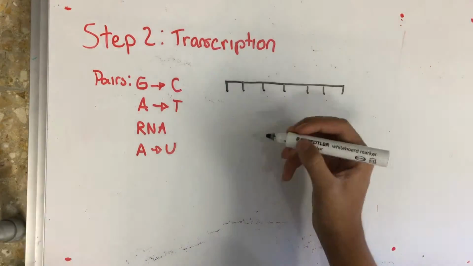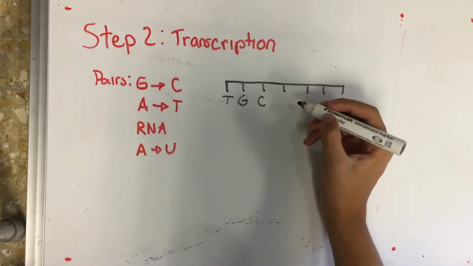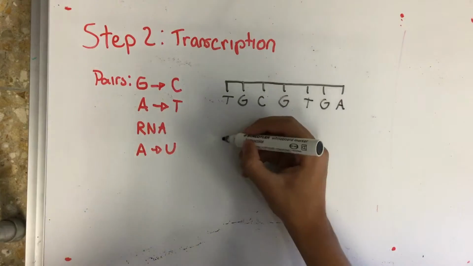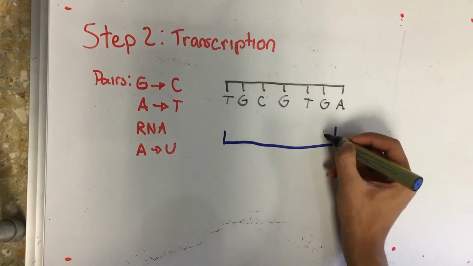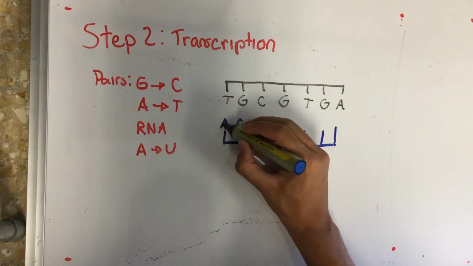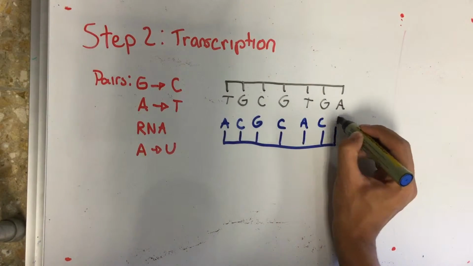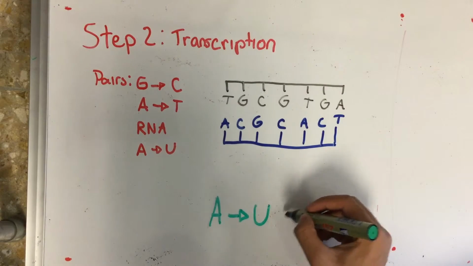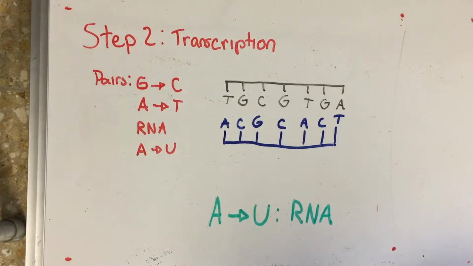An adenine in the DNA would connect to an uracil in the mRNA, and a thymine in the DNA would connect to the adenine in the mRNA. In mRNA, thymine is changed for uracil.